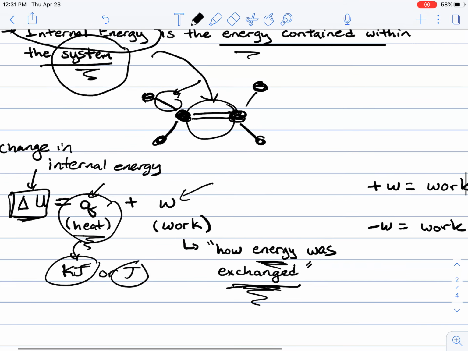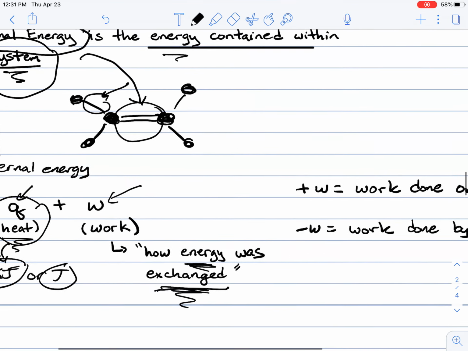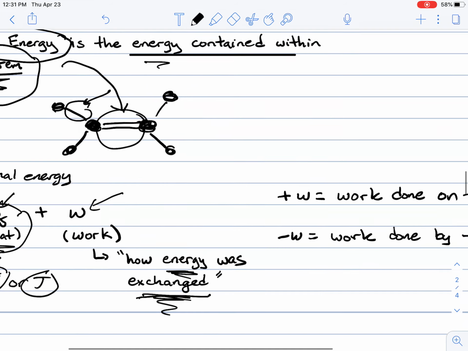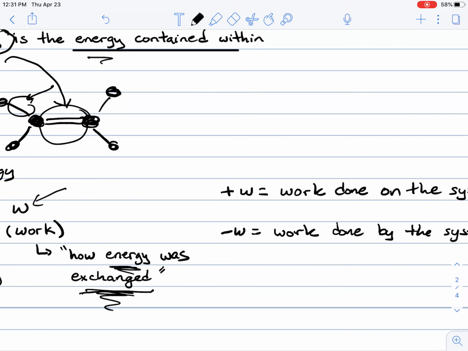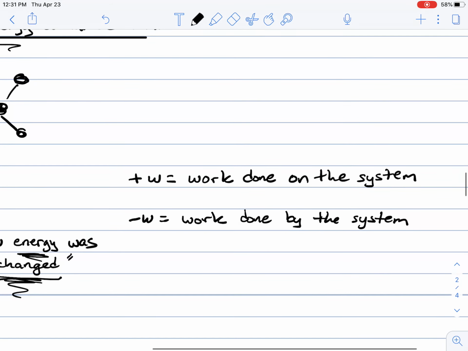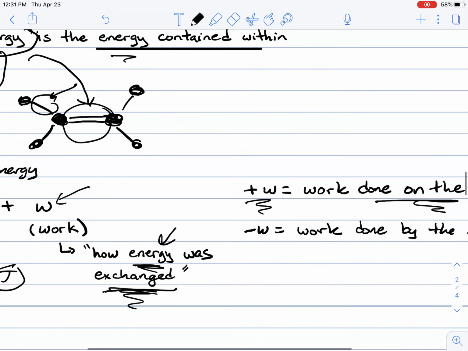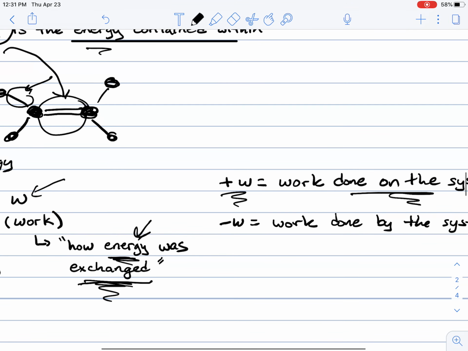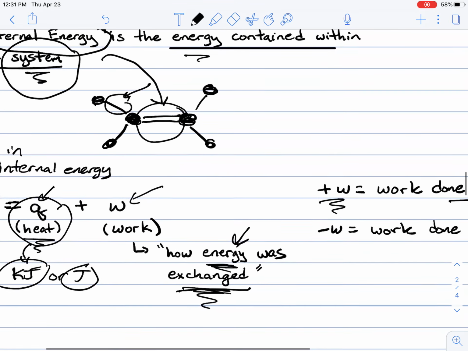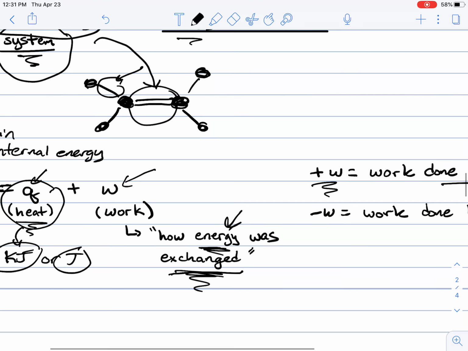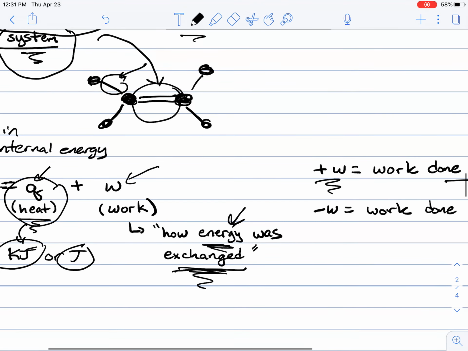in a sense. And so work, very similar to Q, has a positive sign and a negative sign. If the value of your work is positive, then that means that work was done on the system. Okay? In terms of energy exchange, the system gained energy from the environment in the sense that work was done on it.